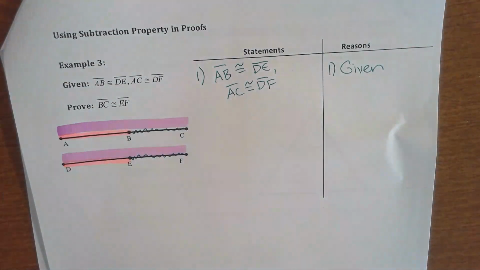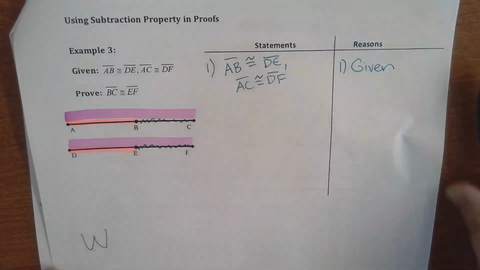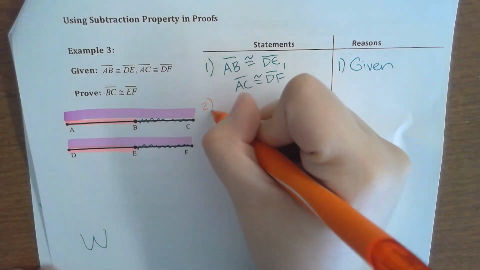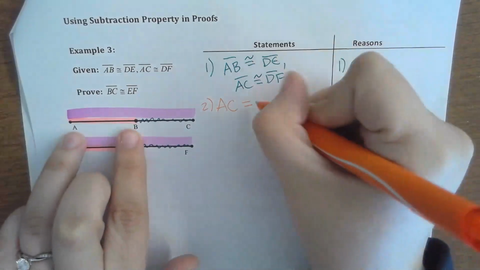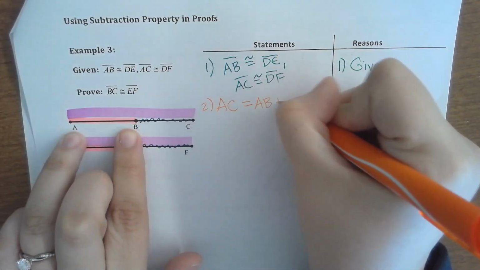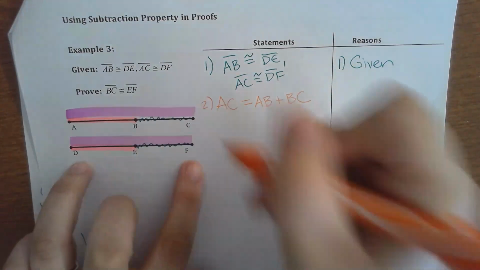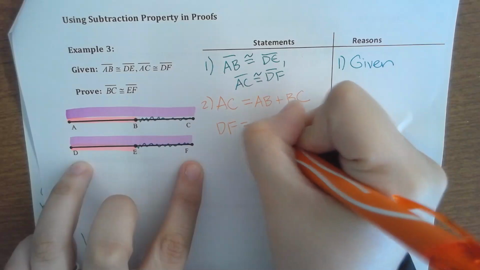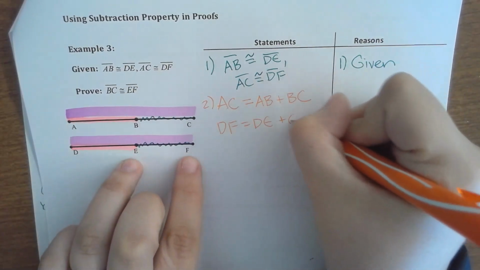Just like with the addition, we're going to start with the whole thing again. So we're going to have W first. Think about the whole segment. AC equals AB plus BC. Think about the whole thing. DF equals DE plus EF.